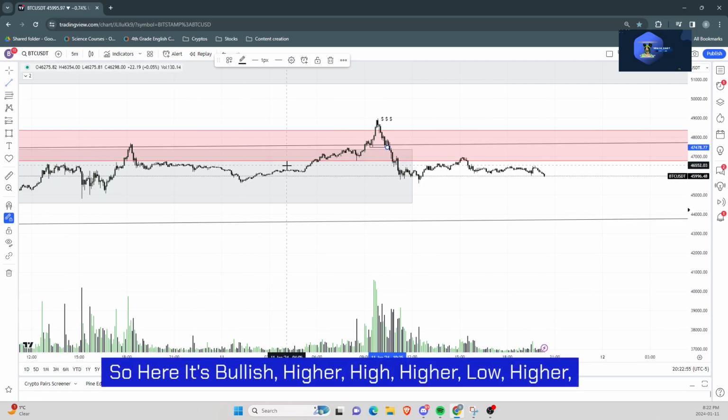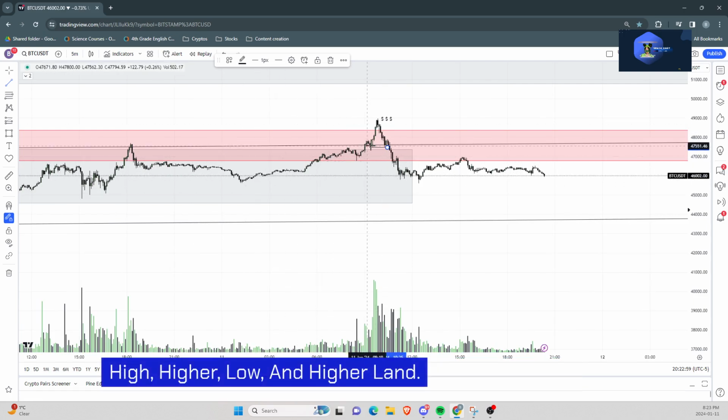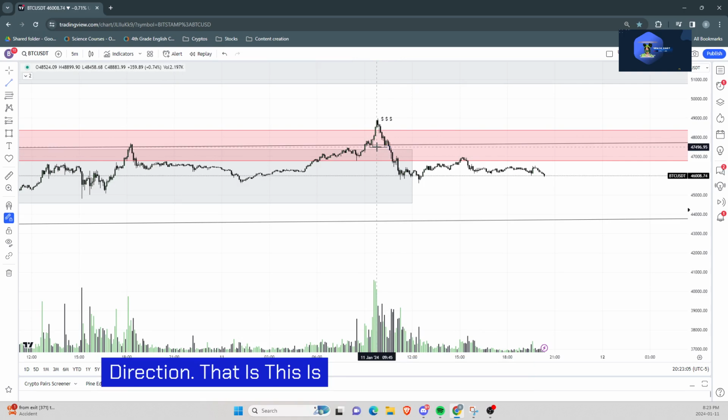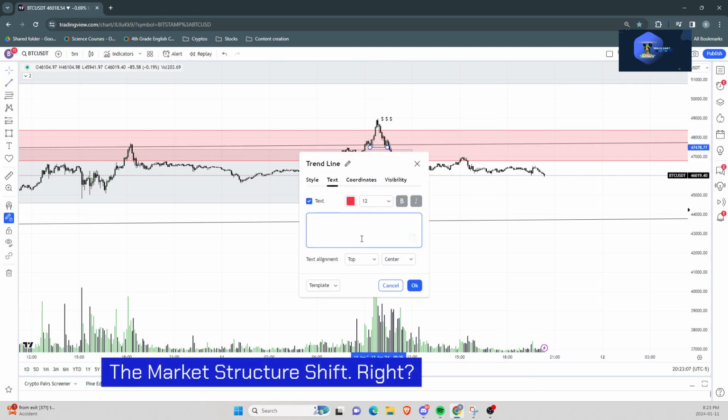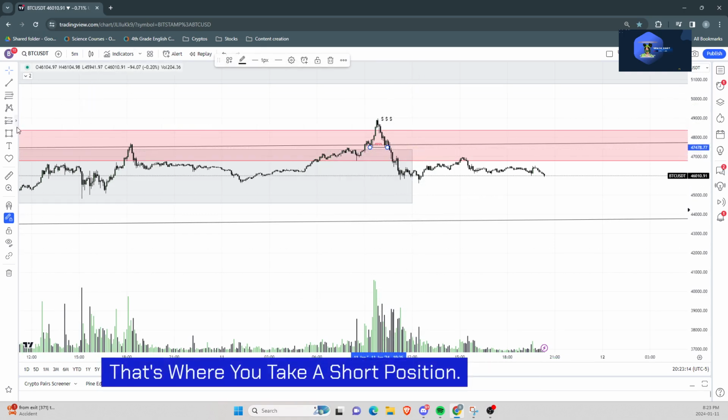So here it's bullish, higher high, higher low, higher high, higher low, and higher high. This is where it is shifting to the opposite direction. That is, this is the market structure shift, right? So this is where the market structure shifted, and that's where you take a short position.